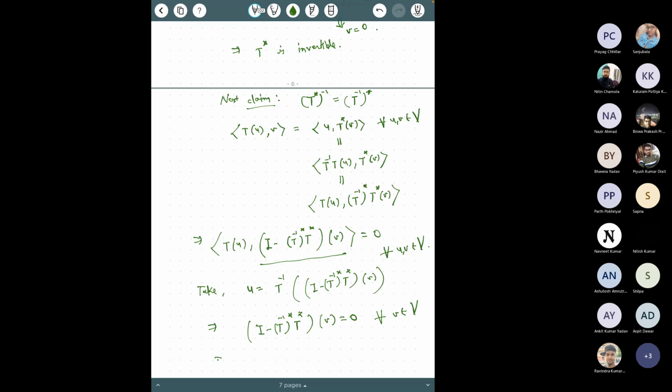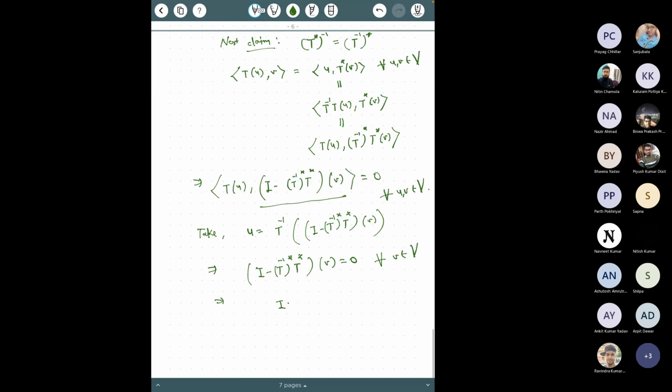But then this implies that I is equal to T inverse star T star. So that means we are done. From here we can say that the inverse of T star is this one, right? So this implies the inverse of T star is actually the star of T inverse, and we are done.